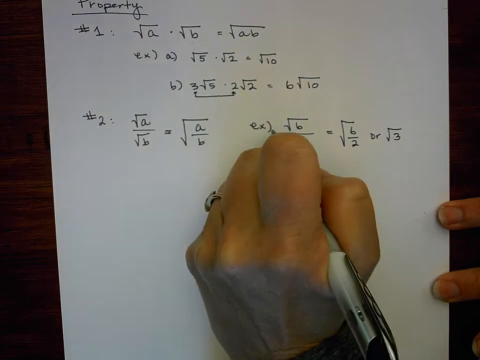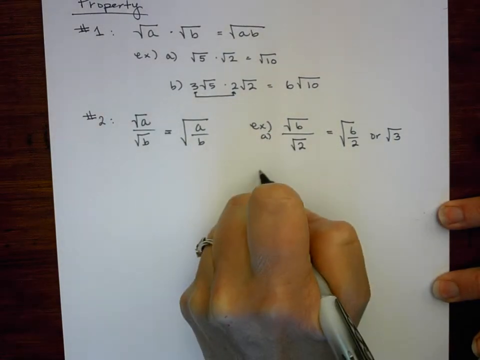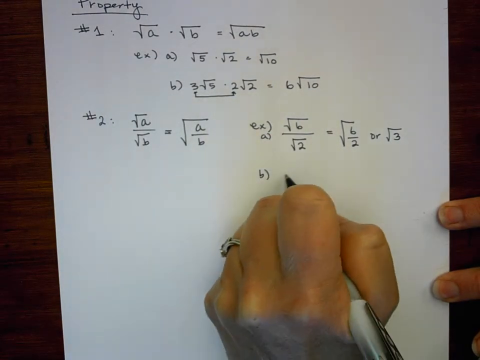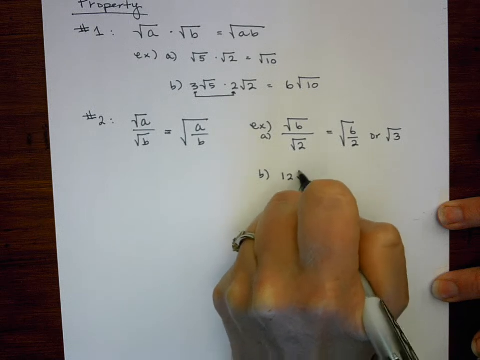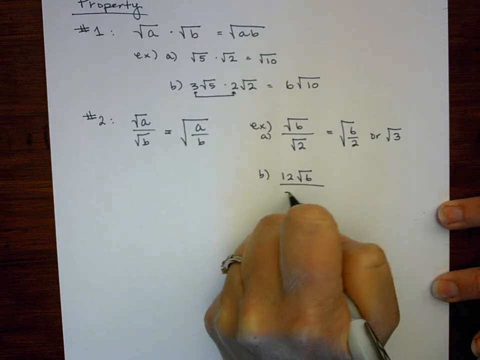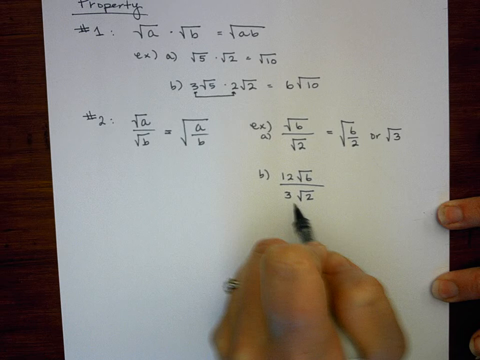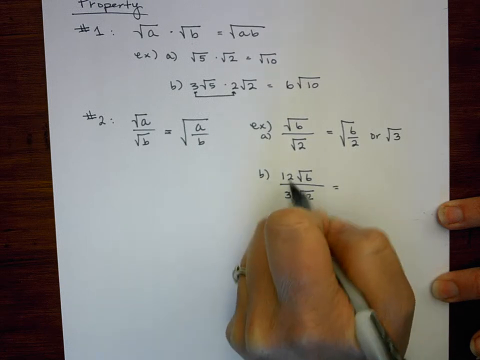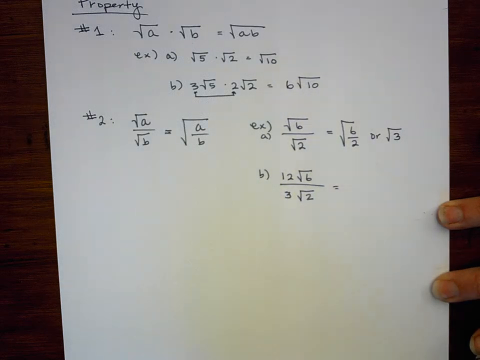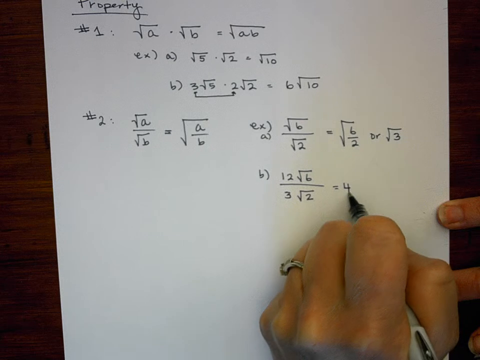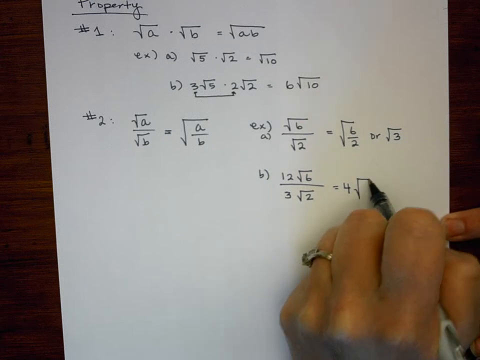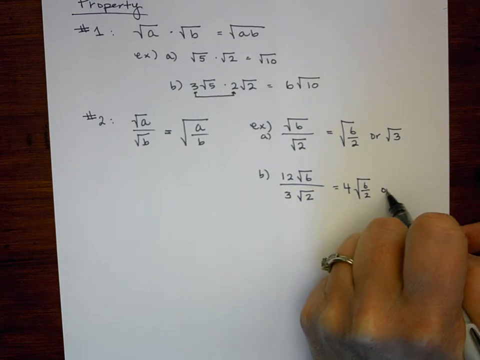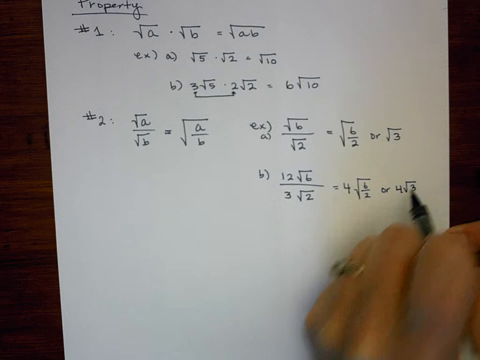And if there was a number in front, say we have 12 root 6 over 3 root 2, I would do 12 divided by 3, so what's out in front, which is 4, and then the square root of 6 divided by 2, or 4 square root of 3.